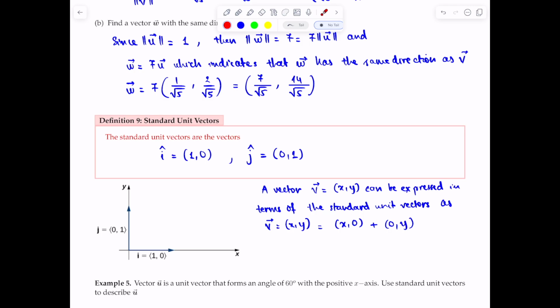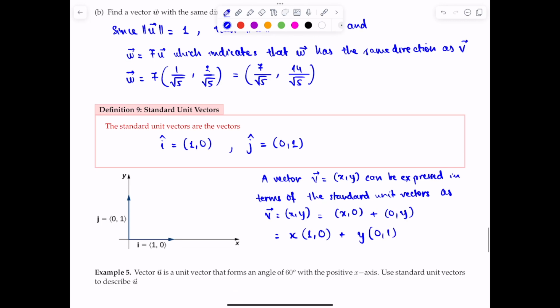And now for the first vector x comma 0, x, let's say, is the scalar of the vector. When you pull the x out, you get x times 1 comma 0, right? And again, if you perform the scalar multiplication on this vector, you will get back x comma 0. And for the second vector, y is the scalar of the vector 0 comma 1, or y times 0 comma 1.